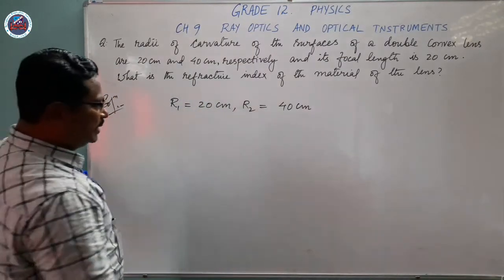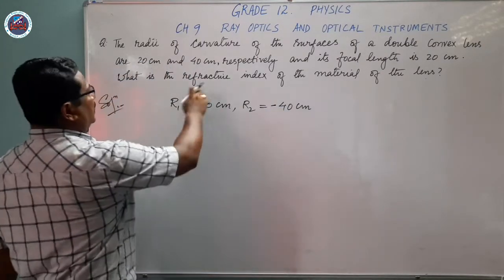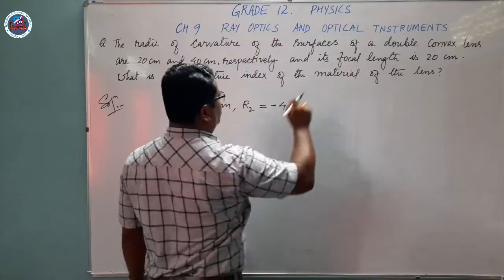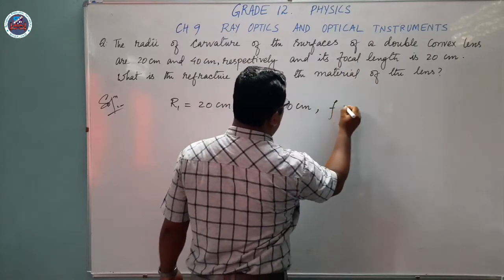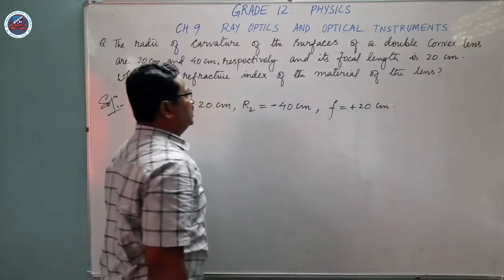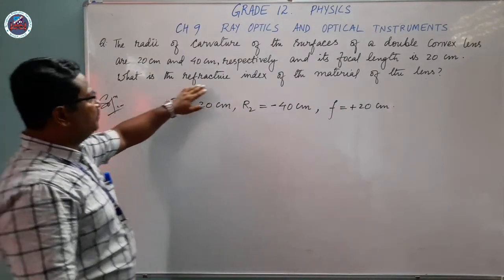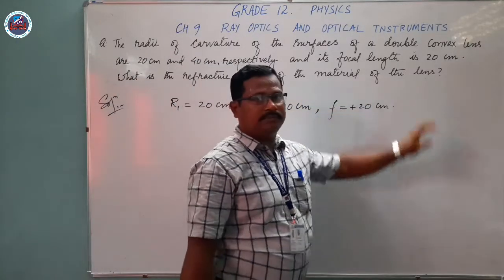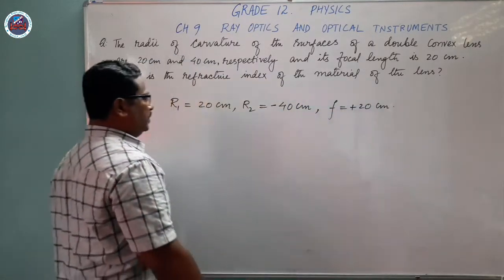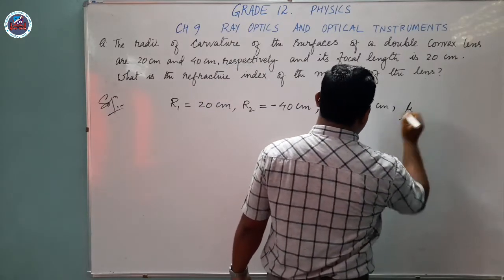R2 is on the left hand side, so we take it as negative. We use the sign convention respectively, and its focal length is 20 centimeter. Focal length of a convex lens is positive, so I am taking it as plus 20 centimeter. If it is a concave lens, we take negative. What is the refractive index of the material of the lens?